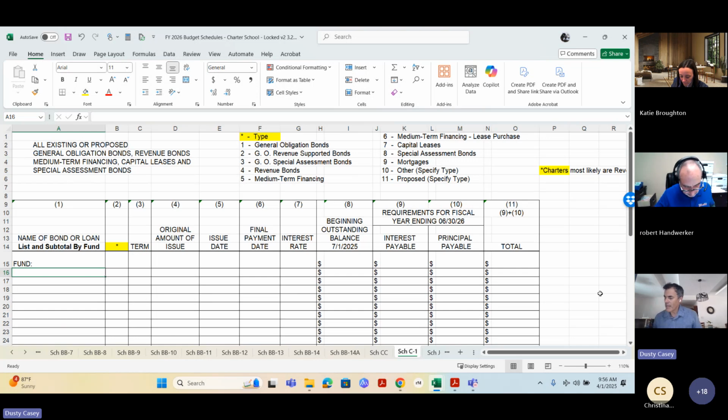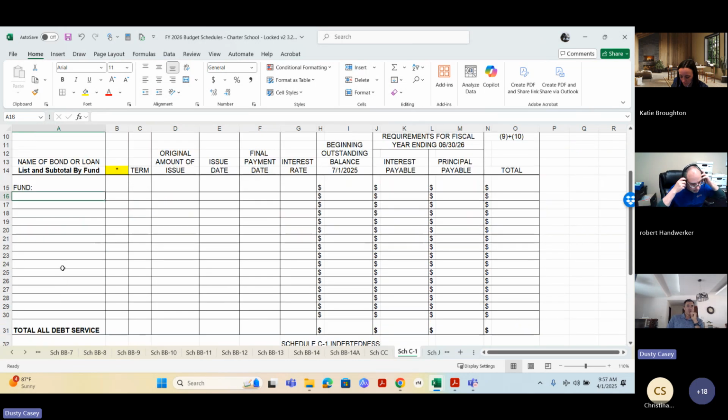I think it was tab 7 on the old form. This is where you're going to list all your debt. Now, again, a lot of this won't apply to you guys. So you're going to list the fund it's associated with, whether it's general fund or if you have a separate fund. If you do have a board authorized capital fund and that's where you're going to hold that debt, then that's where it would go.